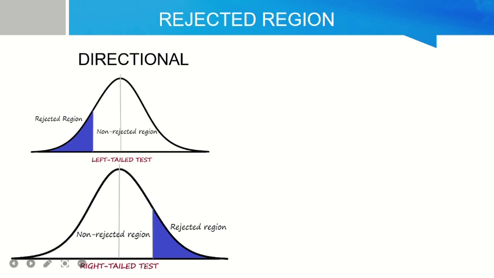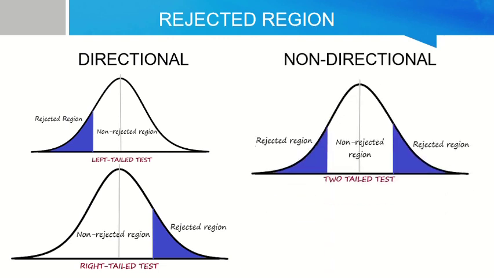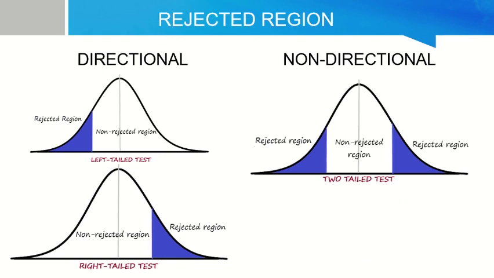Ganon din kapag dito sa right, syempre nasa right ang rejection region. Kapag non-directional, wag na kayong magtaka dahil combination. Alright, I hope you all get my point. And magegets nyo yun kapag nag-problem solving tayo.